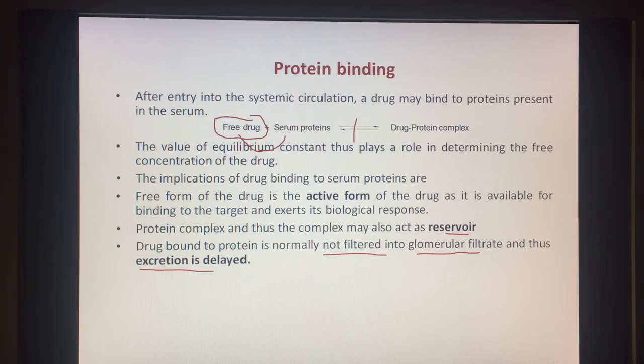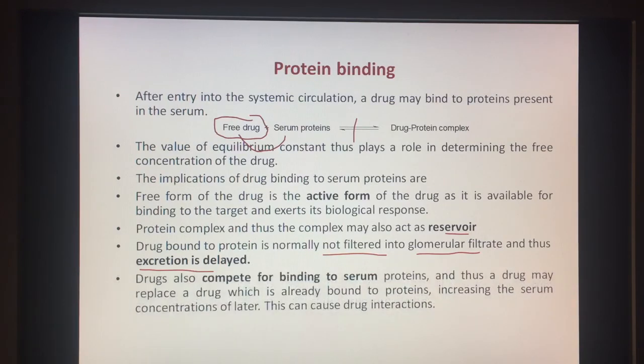So this causes significant drug interaction. A drug may replace a drug which is already bound to the proteins, increasing the serum concentration of the latter, and this can cause drug interactions. So this was about the protein binding.